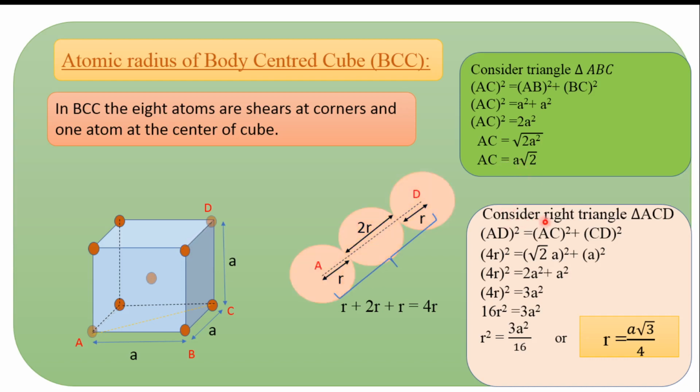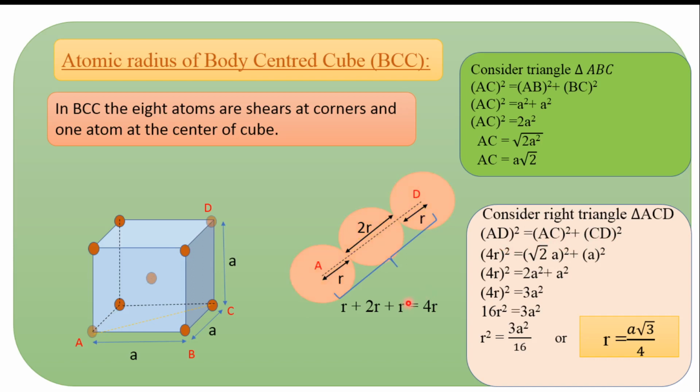Now consider right triangle ACD. AD square is equal to AC square plus CD square.